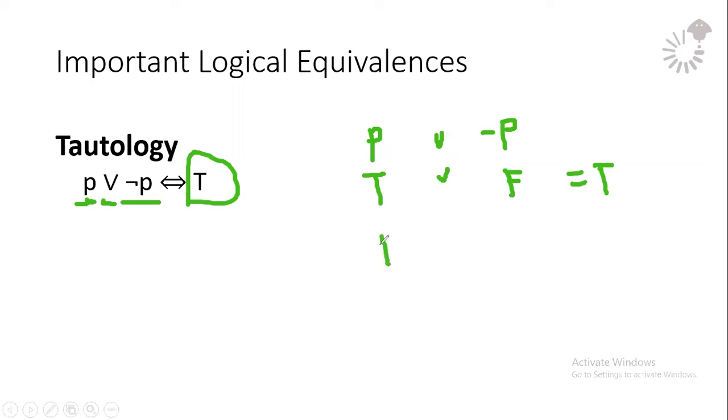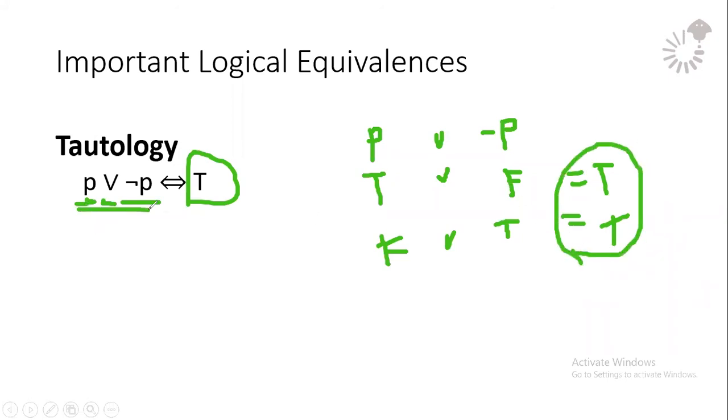If the statement is false, negative statement is true. Disjunction, false or true is true. So anything you have in disjunction with its negative self, the answer is true always. Tautology.